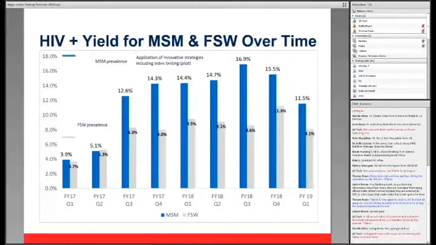Lay counselors recently became part of the cadre of workers for HIV services in Ghana because of the adoption of the task shifting policy, which in Ghana we call task sharing policy. And so lay counselors became part of the cadre of workers that we are using.